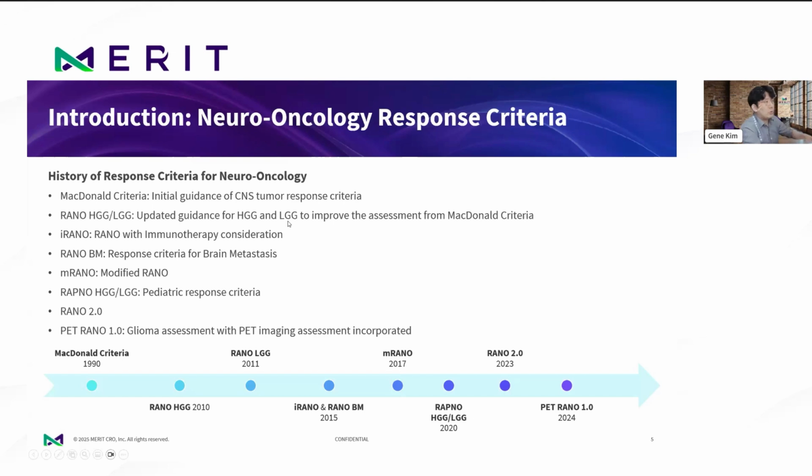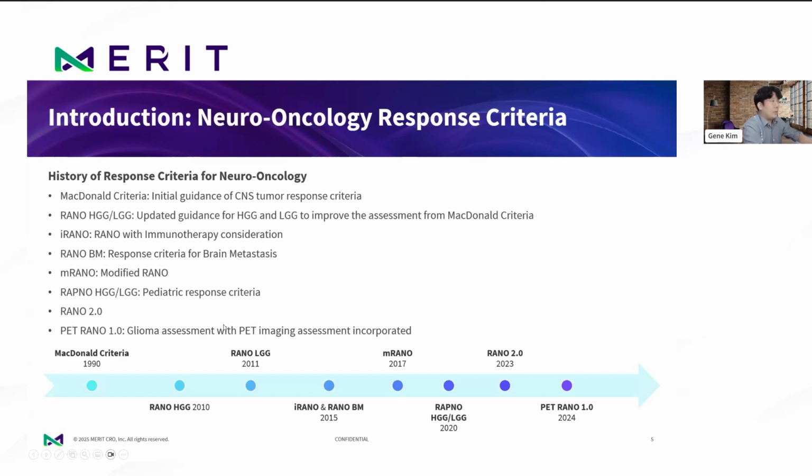Later, in 2015, we also had publications of iRANO and RANO BM by the RANO working group, specifically built for immunotherapy considerations and brain metastasis, which are meant for solid tumors that can invade the brain and can be used together with RECIST 1.1, with a separate compartment for the CNS portion, that is, the brain metastasis.